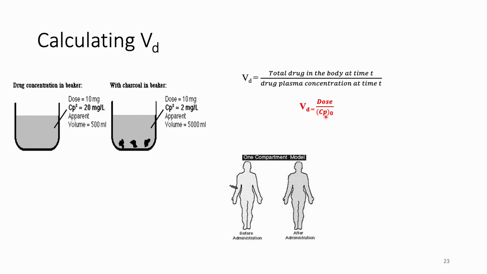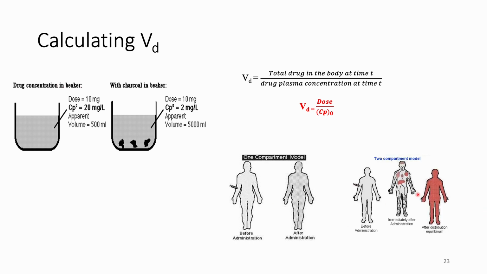And the picture I show here is for one compartment and two compartments. In a one compartment model, the drug distributes very fast. After the drug is given, it is distributed in the body, and the concentration of drug in the plasma reflects the distribution. In this case, when you measure the concentration of drug in the blood immediately, it's a high concentration.